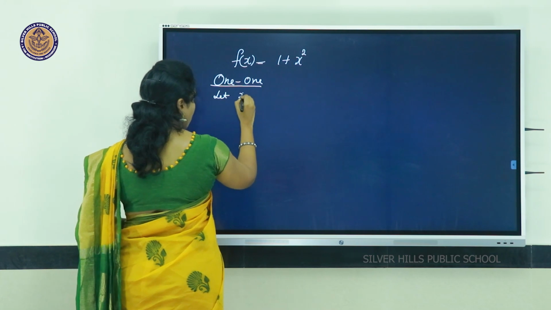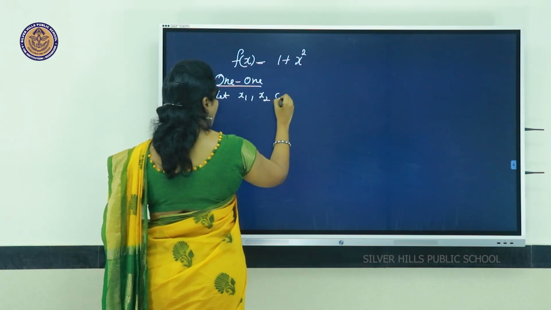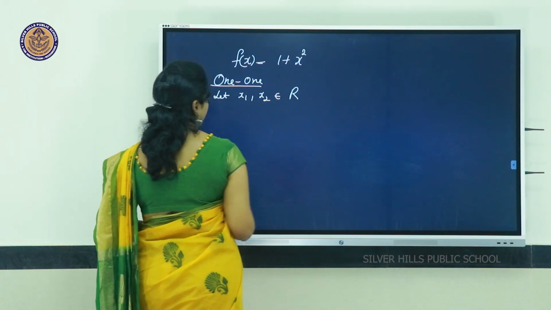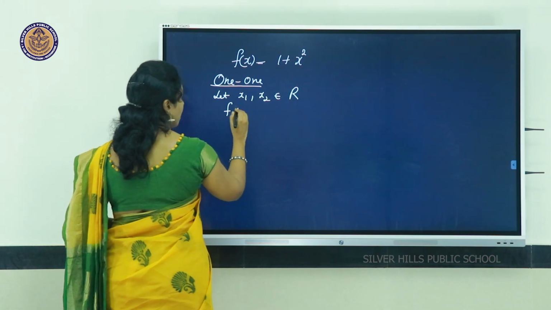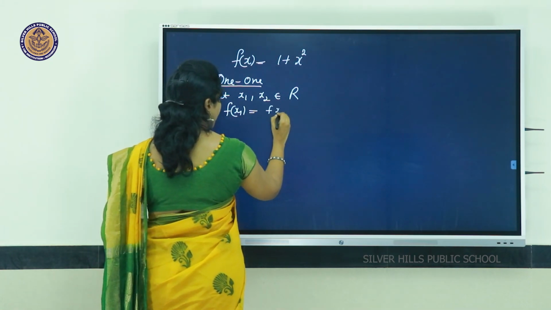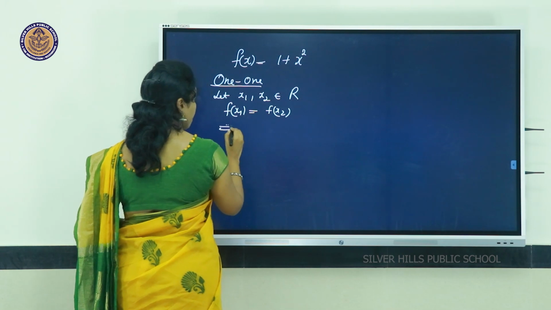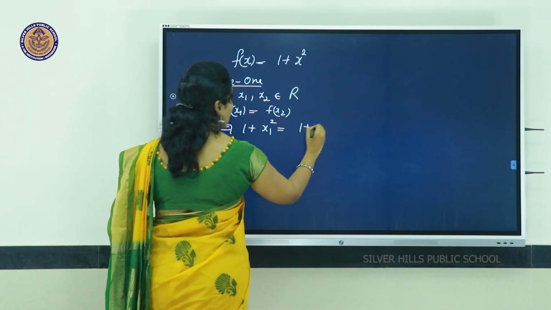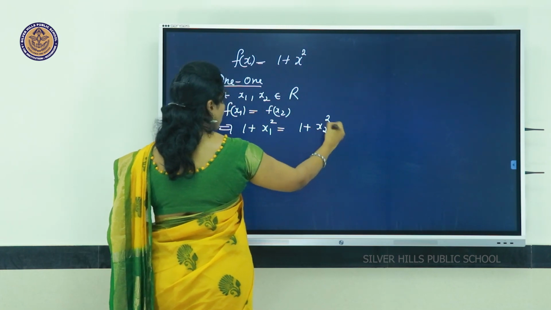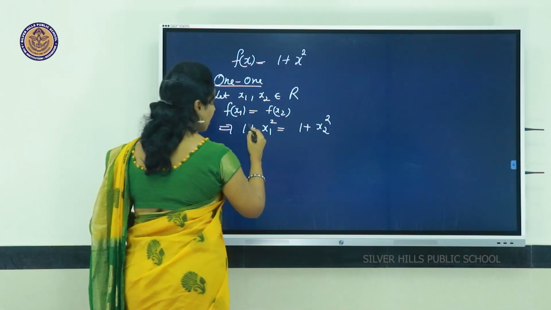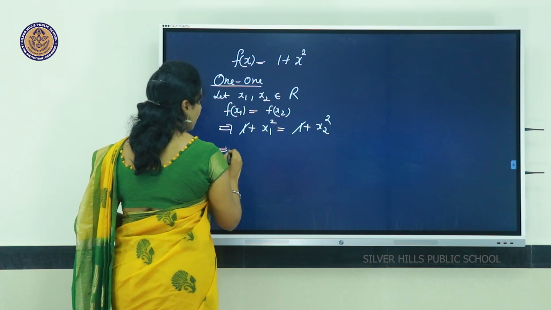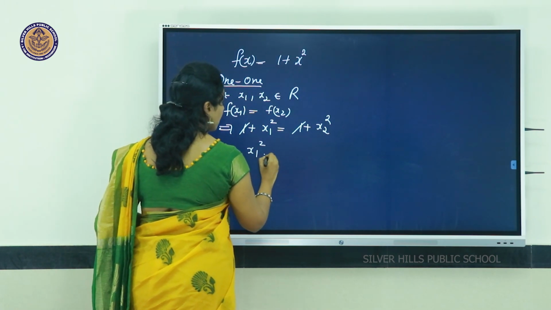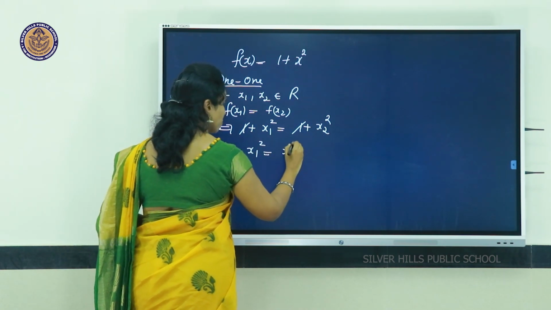Let x1, x2 belong to R. f of x1 equal to f of x2 implies 1 plus x1 square is equal to 1 plus x2 square. 1 and 1 get cancelled, which implies x1 square is equal to x2 square.